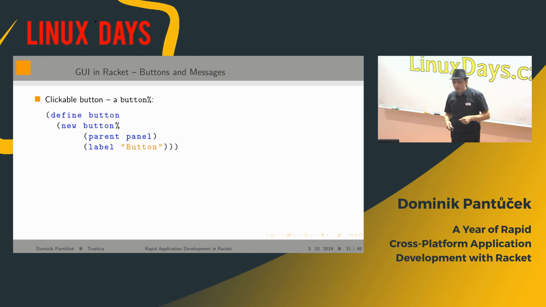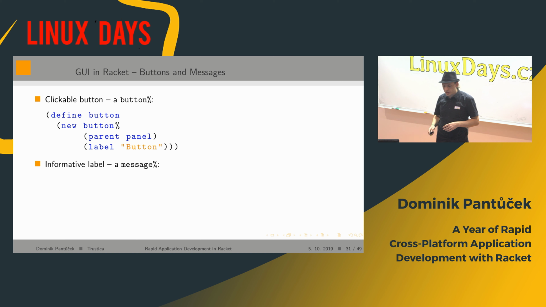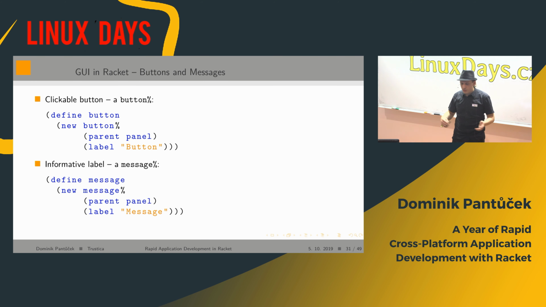It's not here because it wouldn't fit, but it's called callback. So it's rather simple, and you just provide a function you need to call. Then some informative label. It's called a message, just a text in your GUI, typically called a label in other toolkits. Once again, just instantiate the message and it is there.